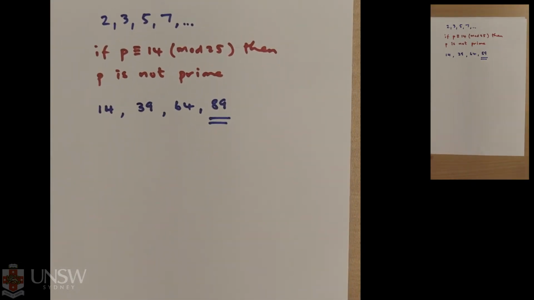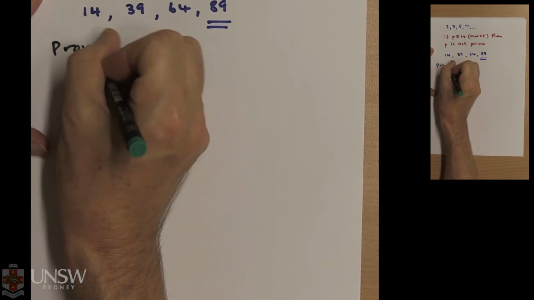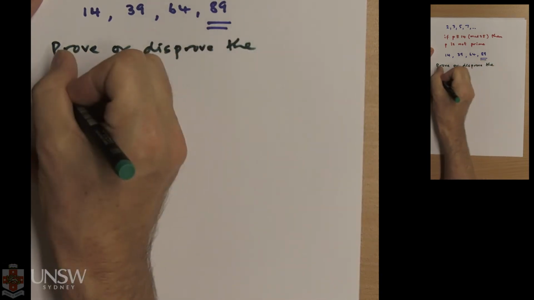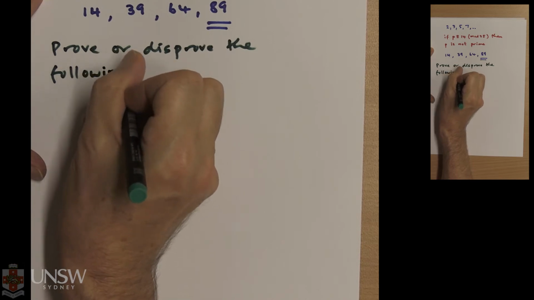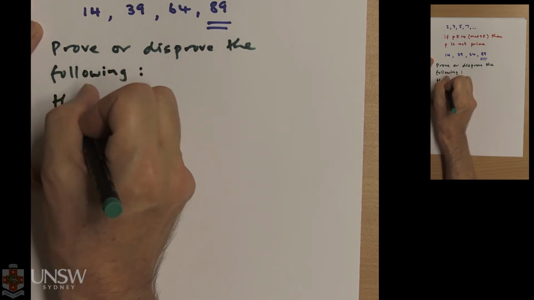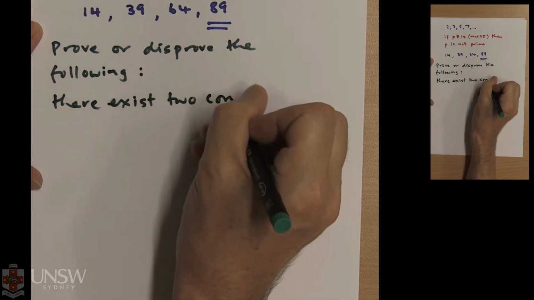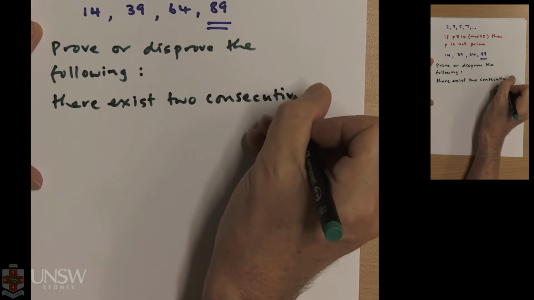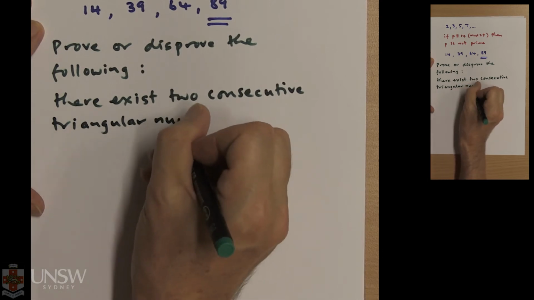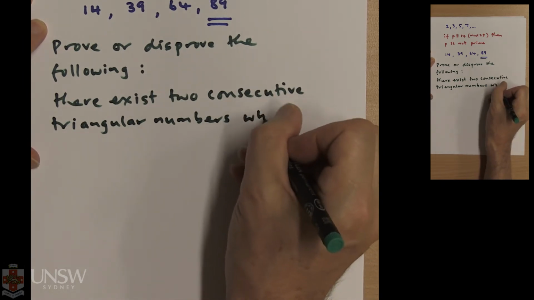Here's another statement. Consider the following. Is this true or false? Prove or disprove the following: there exist two consecutive triangular numbers whose sum is prime.